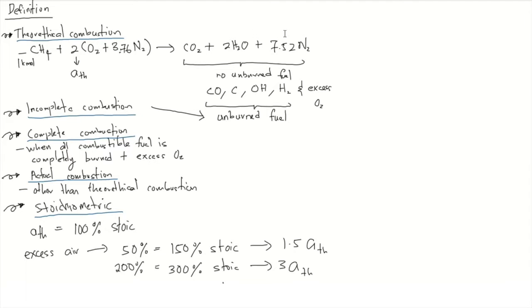There is no unburned fuel, and they can have, but not necessarily have, excess oxygen or excess air, right? So that's how it goes for complete combustion. They can be completely combusted and they can have excess oxygen. So for product, it's only excess oxygen, there is no excess air.